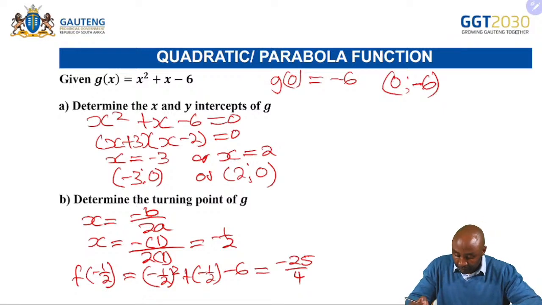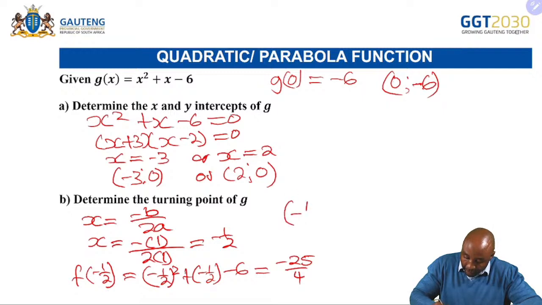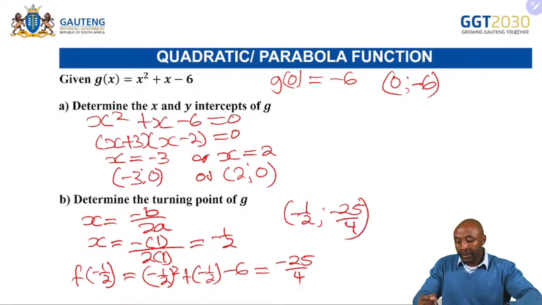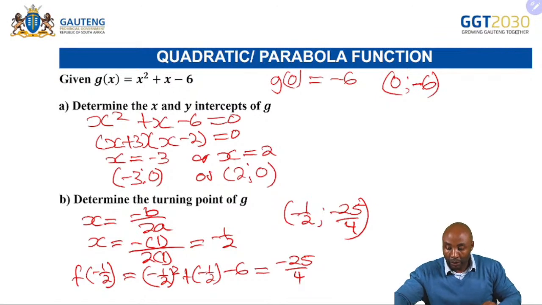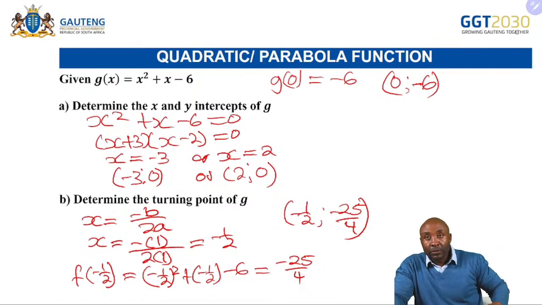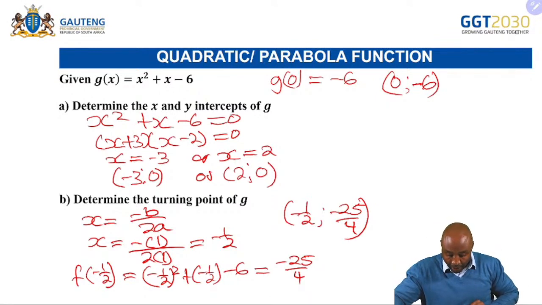From there on, I'm able to determine the coordinates of the turning point. It will be negative half and negative 25 over 4. It makes life easier because you know where to place the point when you are supposed to do the sketch. I will move on to the next question.